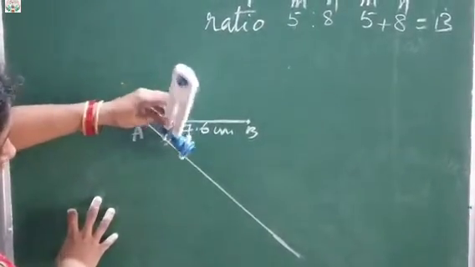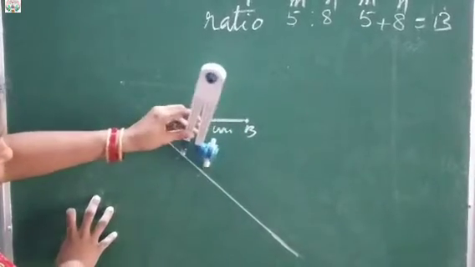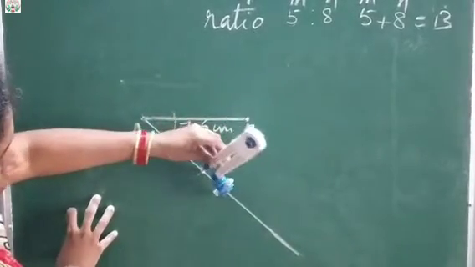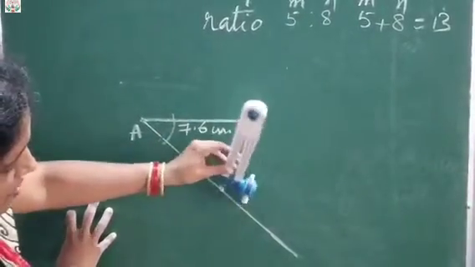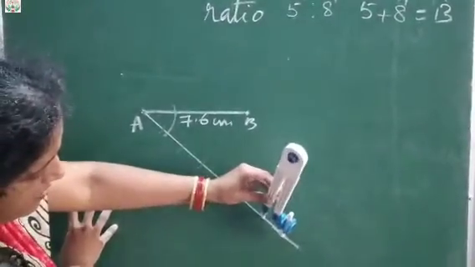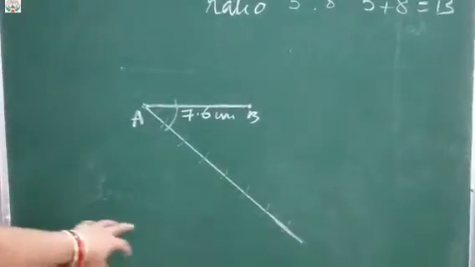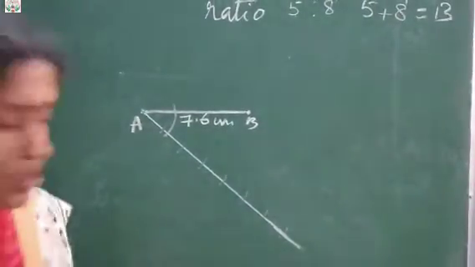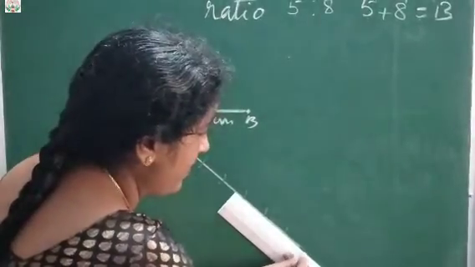1, then 2, the same measurement. Then 3, 4, 5, 6, 7. Then I have to extend the line because you can see the line is short, so I will extend it a little more.